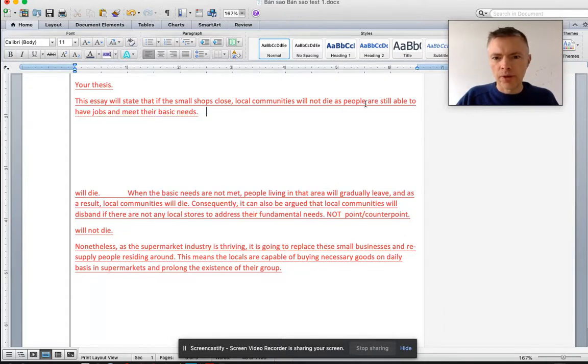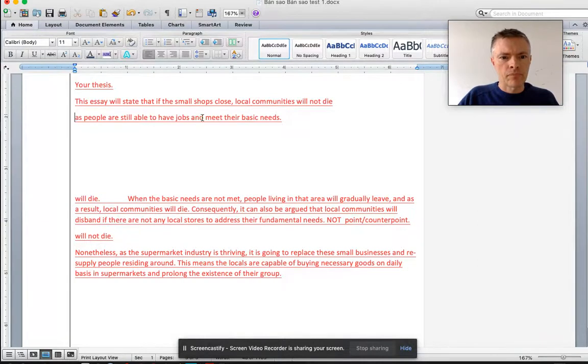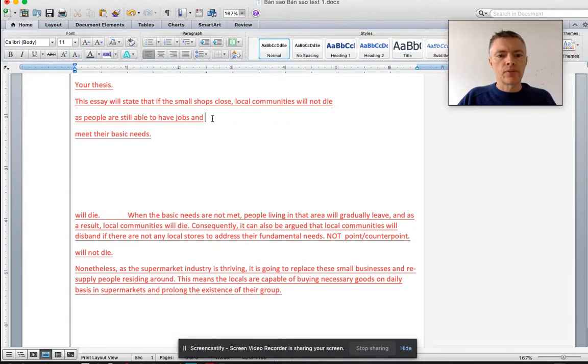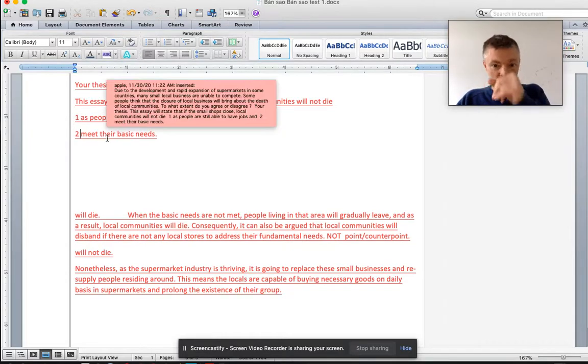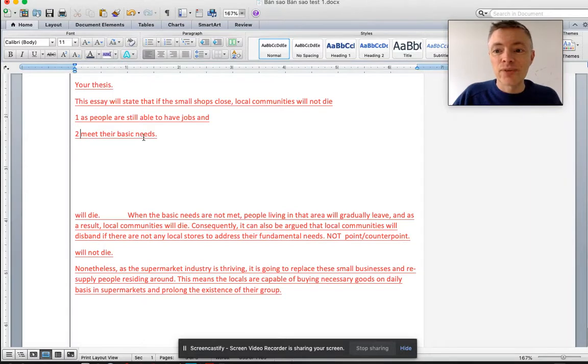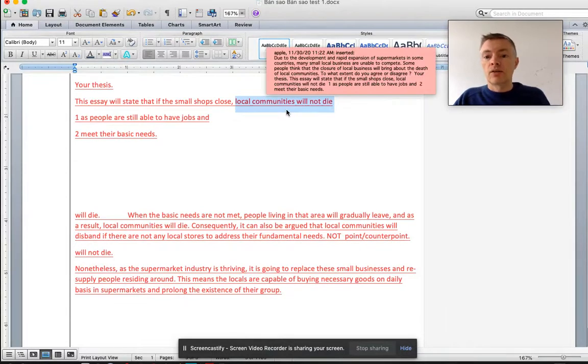Let's break them up here. Your job is to explain reason one and reason two. These are two different paragraphs, right? Your job is to explain why these reasons mean that the local communities will not die, or whatever your agree, disagree question thesis is.